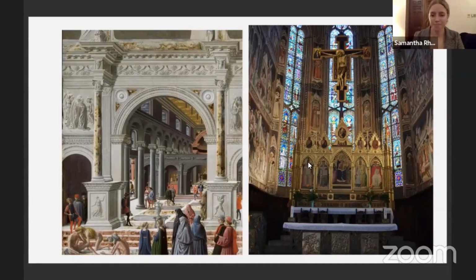And this picture on the right is just a picture of the high altar in Santa Maria Novella. And you can actually see the church choir. I don't know that you can see it that well. I'll have to point all this stuff out later on. But the church choir is actually going to be situated around it and on the back side of it.